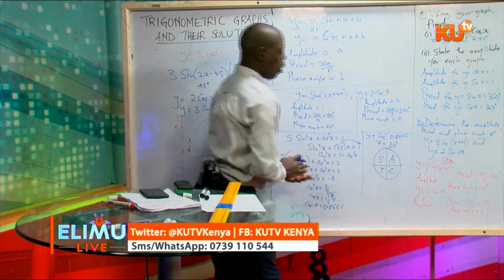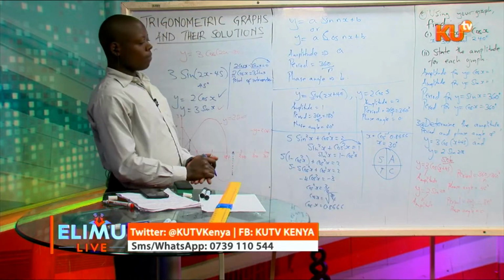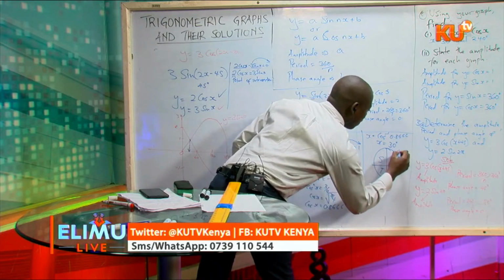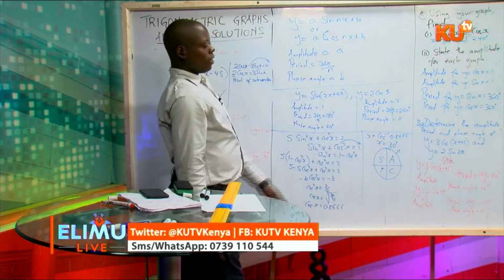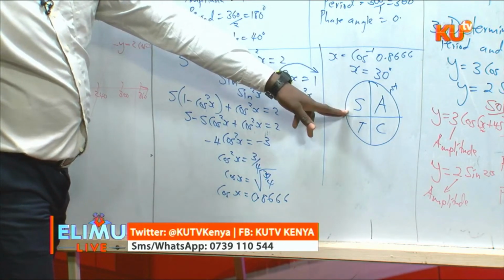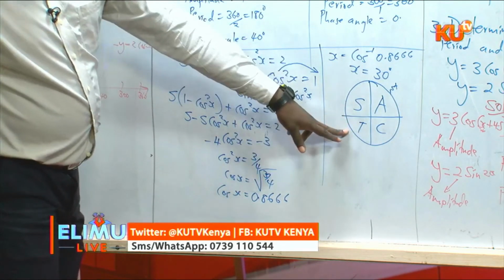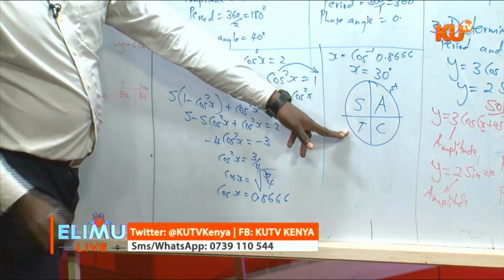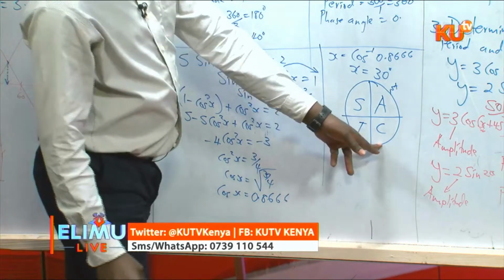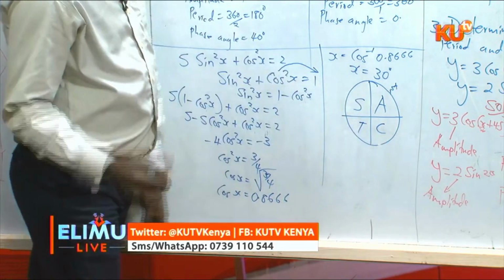A means all angles, and all angles here are positive in the first quadrant. In the second quadrant, only sine is positive, that's why we have S, students. In the third quadrant, only tan is positive, take. And in the fourth quadrant, only cos is positive, coffee.